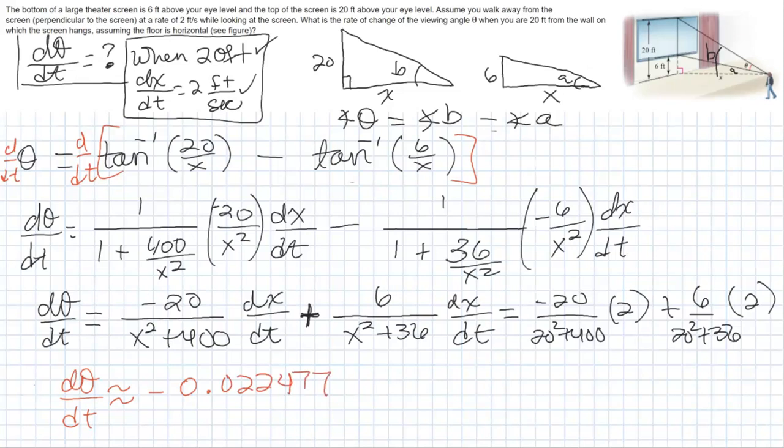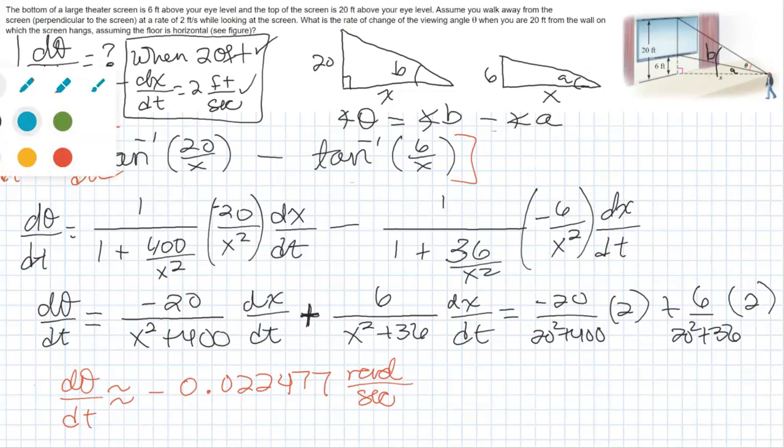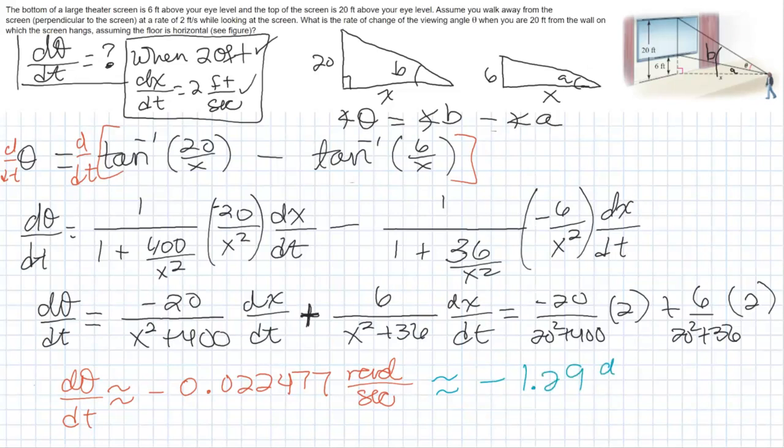We're talking about arc length, so the unit here would be radians per second. Radians per second is kind of hard to visualize, so if you would like, you can convert that into degrees, and it is approximately negative 1.29 degrees per second.